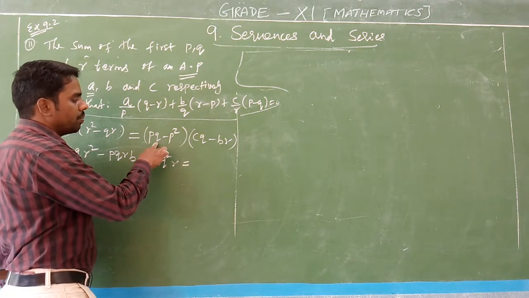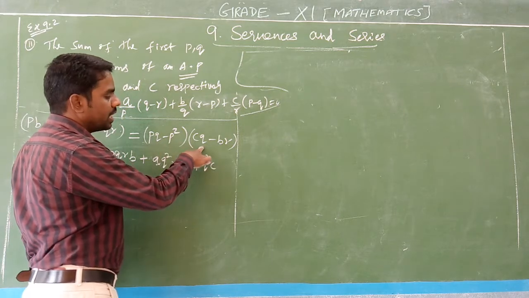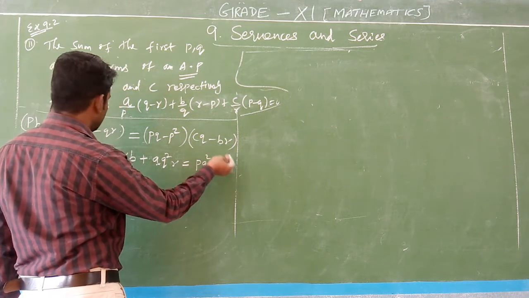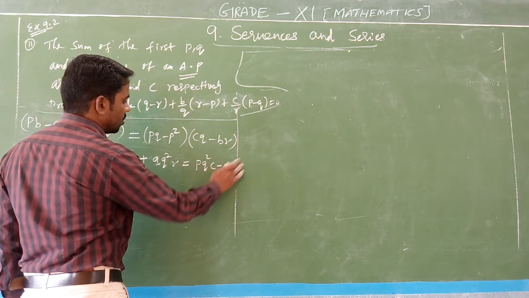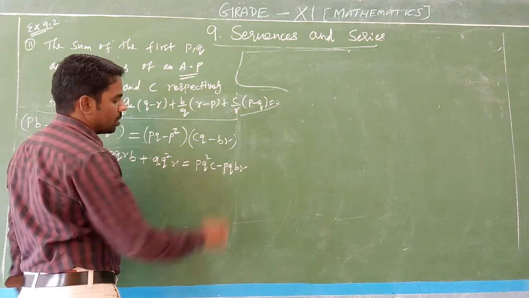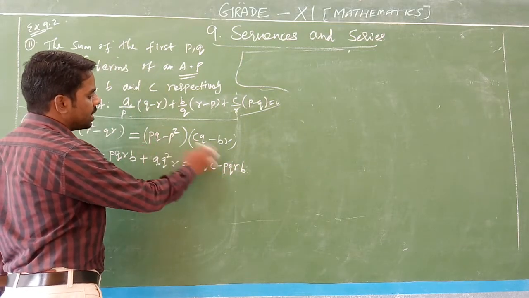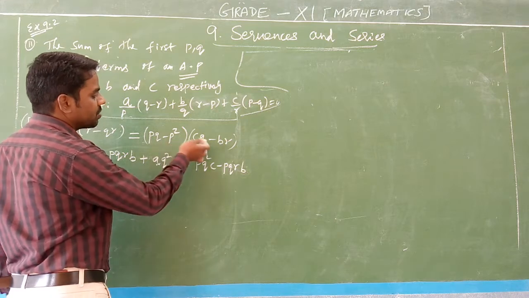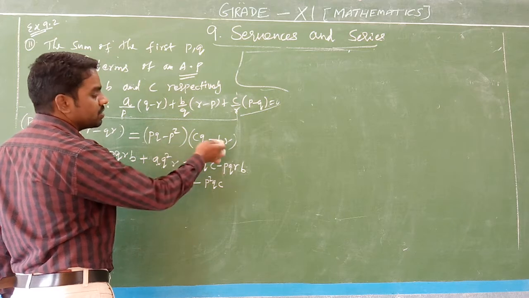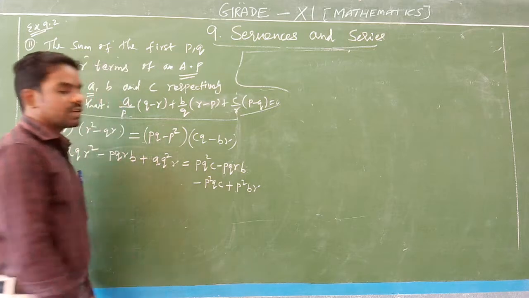Equal to pq into cq, pq squared c; and pq into minus br is minus pqrb. Next, minus p squared into cq is minus p squared qc, and minus p squared into minus br is plus p squared br.